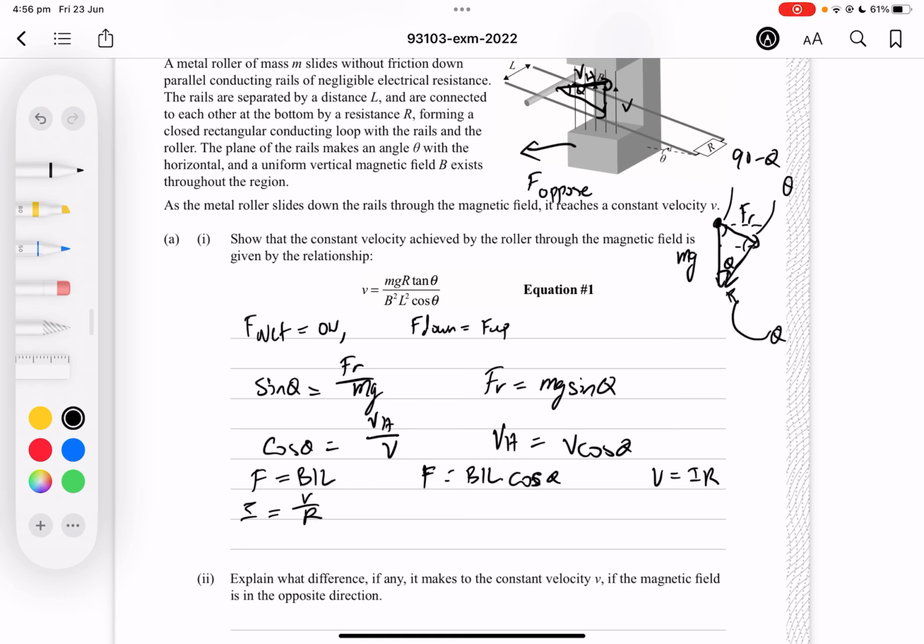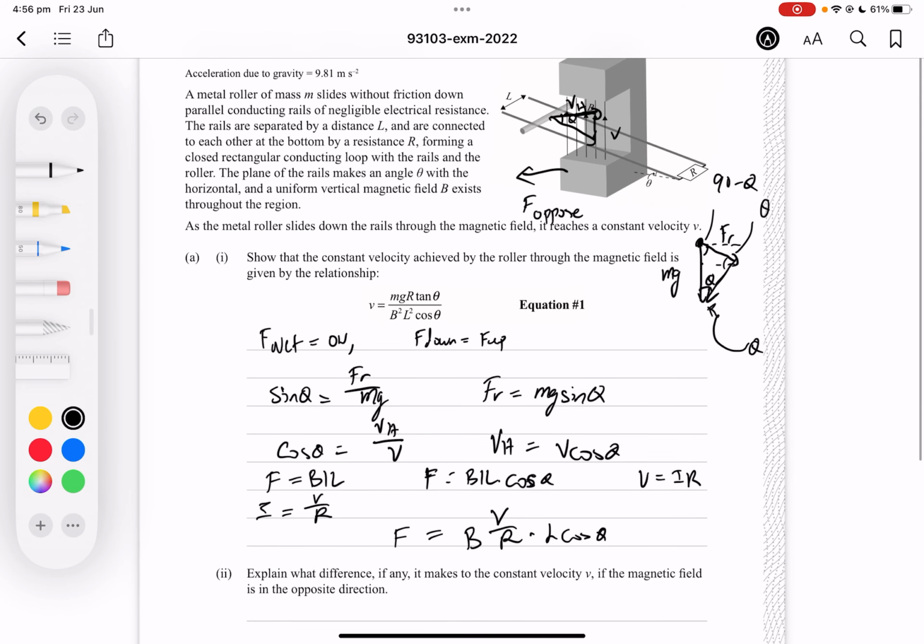R. So therefore, F equals B times V over R times L cosine of theta. And running out of space, but okay. And we know that V equals BVL, where V is the component of velocity that is cutting the magnetic field in a perpendicular direction.